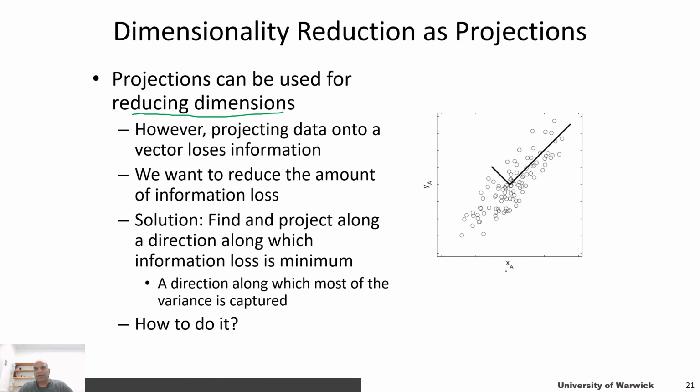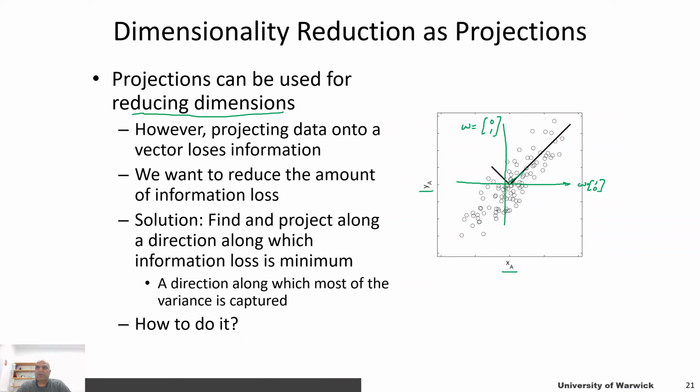Let's say we've got data that is spread like this. You have two features, one along the x-axis and one along the y-axis. If I project all of my data along the horizontal, or along the vector 1, 0, we have a certain information loss, right? And if I project everything along the y-axis, then I have a certain information loss. The projection along the y-axis will be onto the vector w equals 0, 1, and this is going to be w equals 1, 0. So what happens if I project everything along this axis?